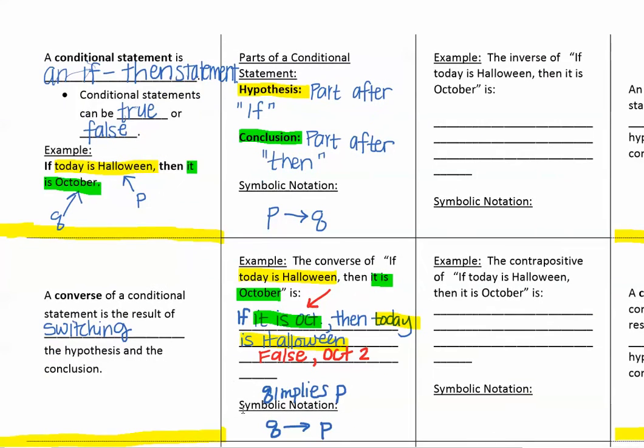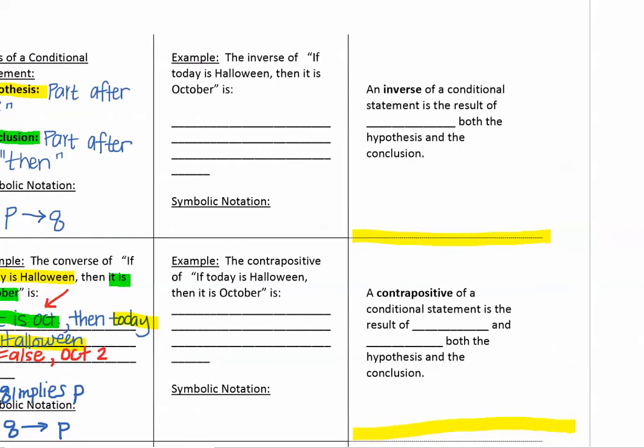So on the top right, let's take a look at inverse. Okay, so the inverse of a conditional statement is the result of negating both the hypothesis and the conclusion. Okay, so they're not going to move, but we're going to introduce the word not.